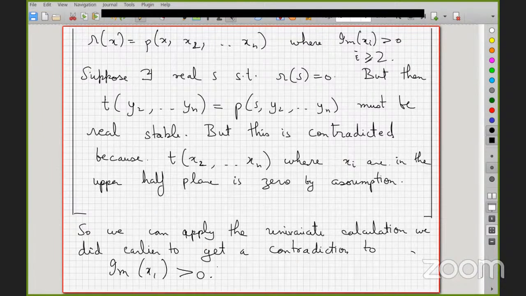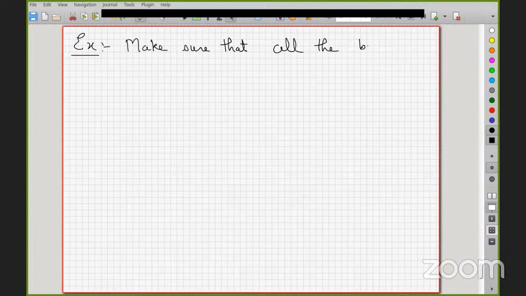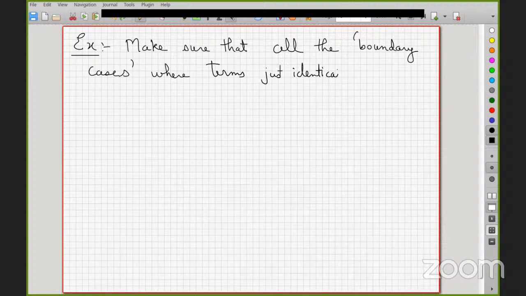The exercise is to make sure that all the boundary cases can be handled. I haven't handled all of them above, and all the boundary cases where terms just identically vanish can be handled appropriately.